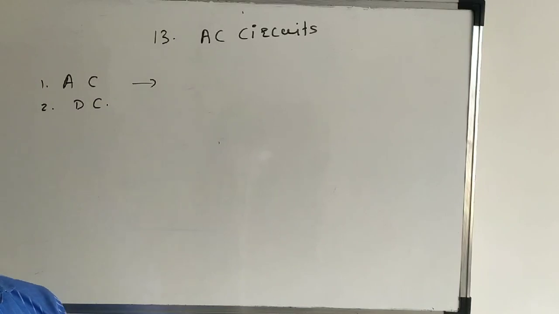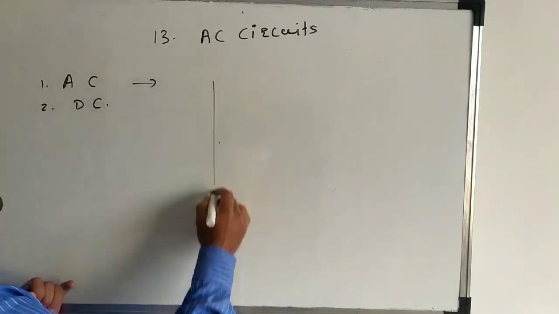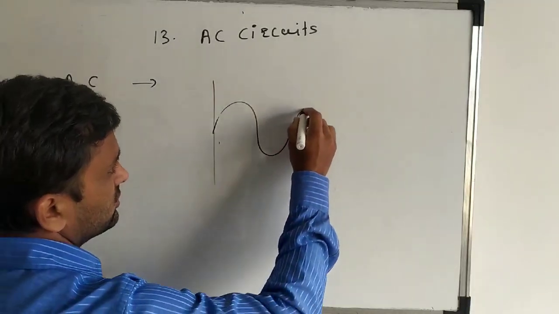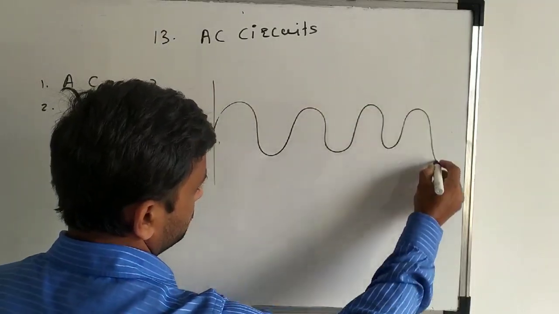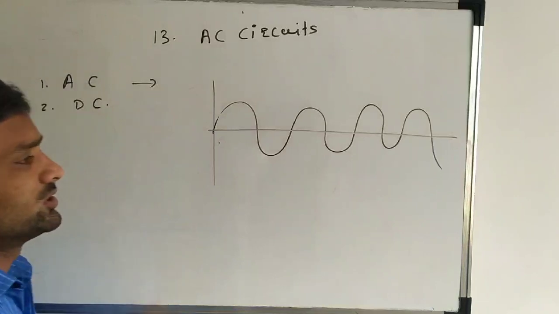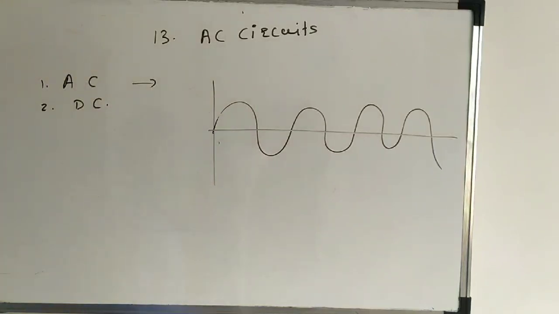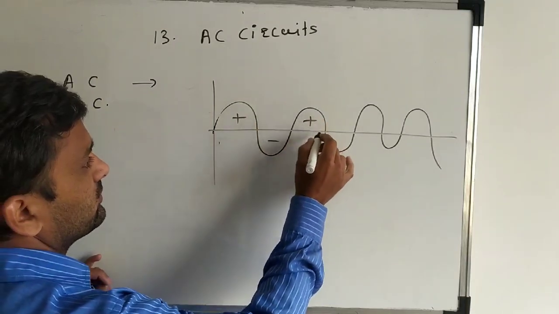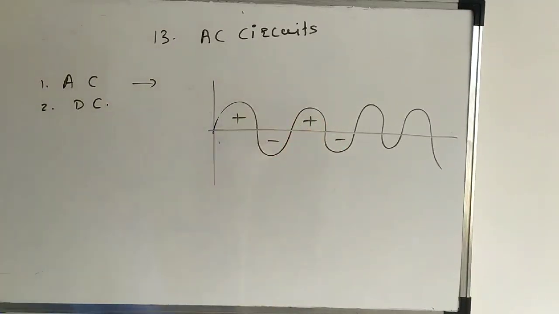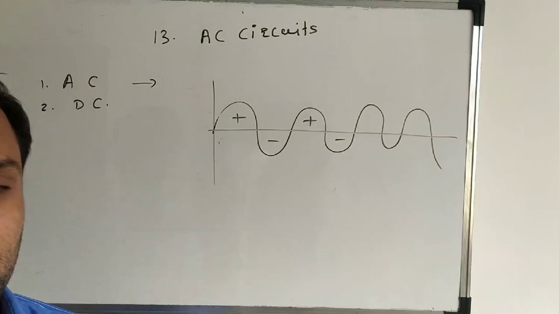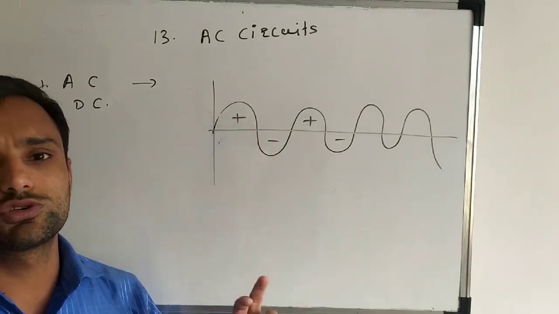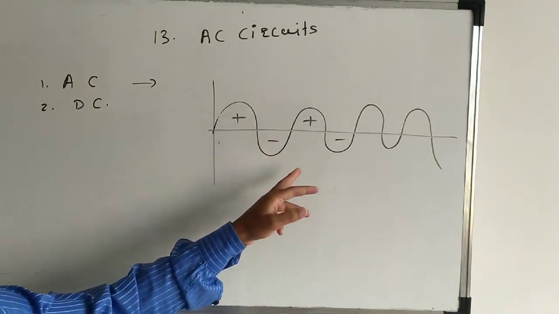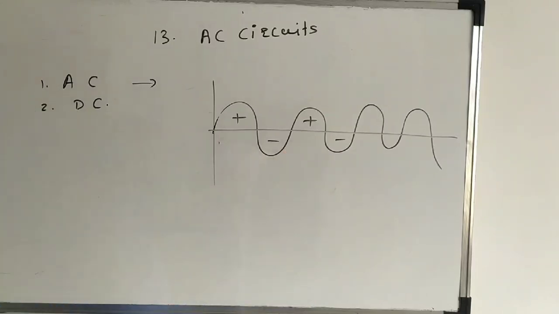If you draw the diagram for the AC circuit, then the magnitude and direction of both are changing with respect to time. For the first half of the cycle, the magnitude of the EMF or the current is positive, while in the second half cycle, the magnitude is the same but the direction is negative.